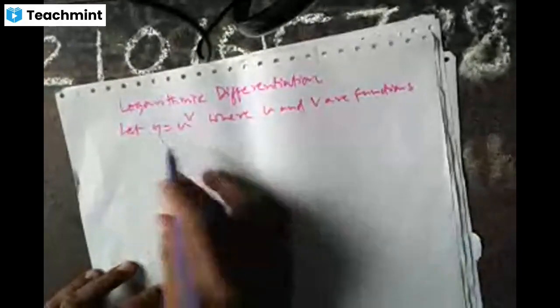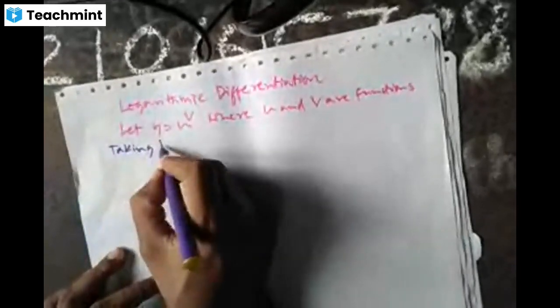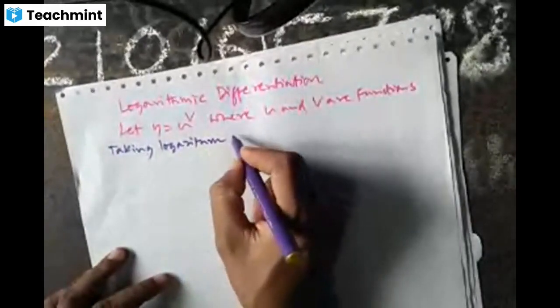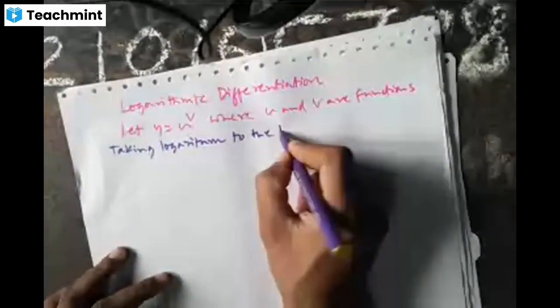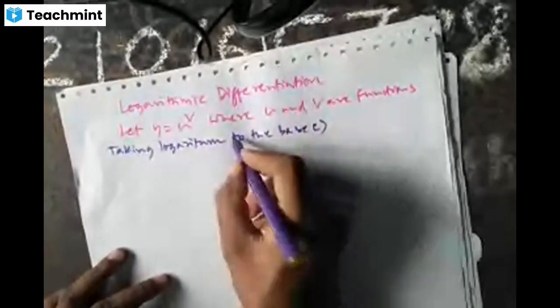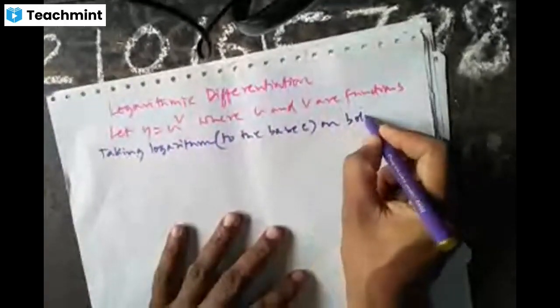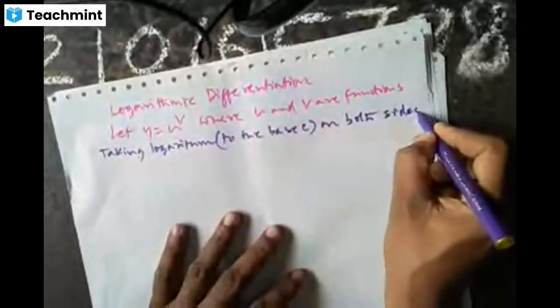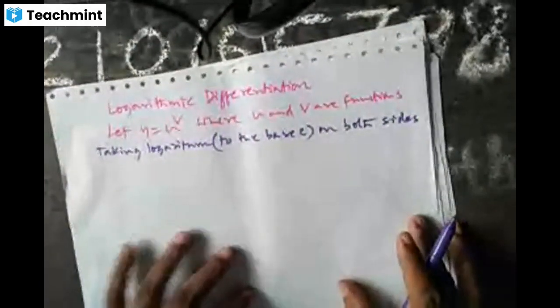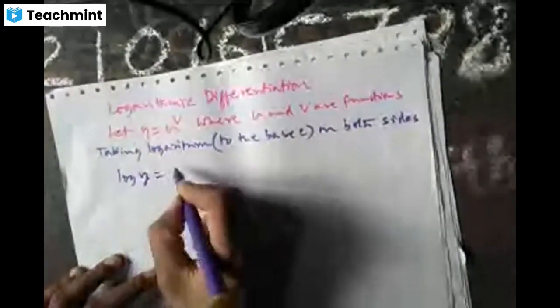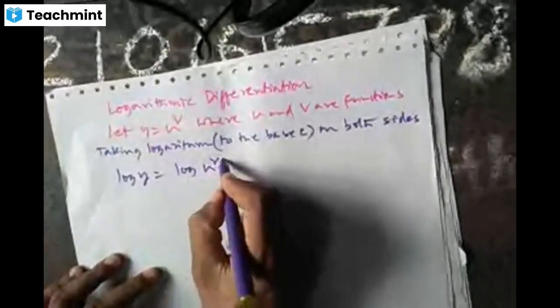Okay. So for that, first we have to take log on both sides, taking logarithm, of course, to the base e, on both sides of the above equation. Then we get log y is equal to log of u per v.